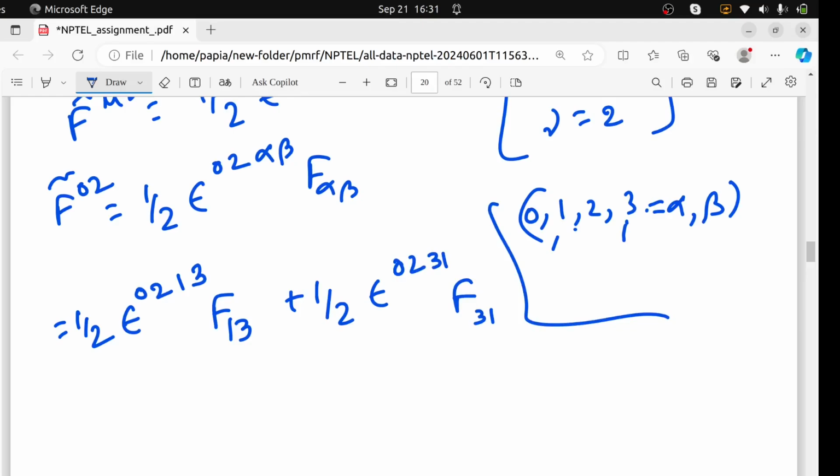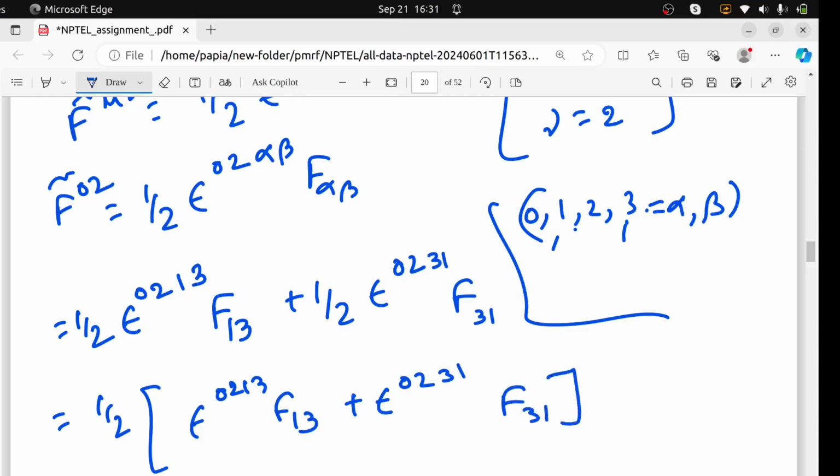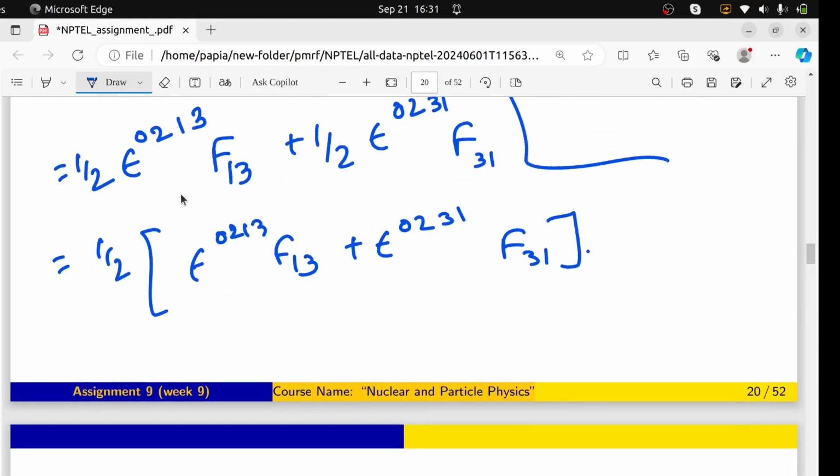Okay, so these two can be possible: 0 to 1, 3, if 1, 3 plus 0 to 3, 1, if 3, 1. So if it is like that, then I can write 0 to 1, 3, 0 to 3, 1, this, right?